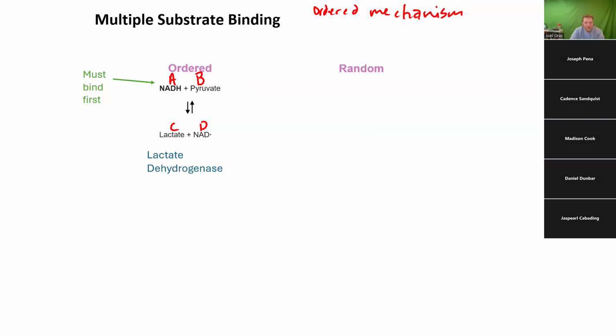Now, a random reaction. Creatine kinase is an enzyme that's very important if you consume lots of creatine because it supplements your ATP pools. Creatine kinase has two substrates, creatine and ATP, and it produces creatine phosphate and ADP. The sequence in which they bind does not matter.